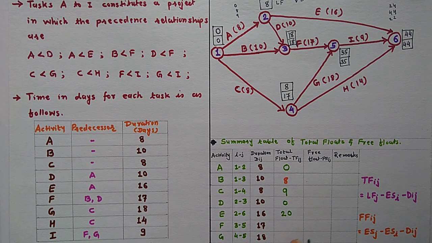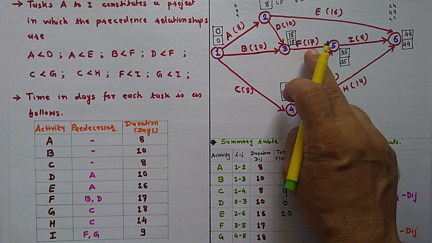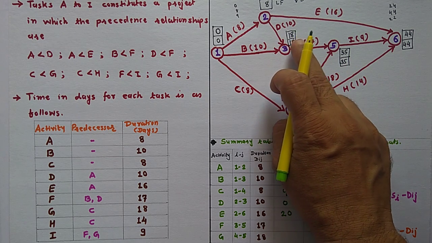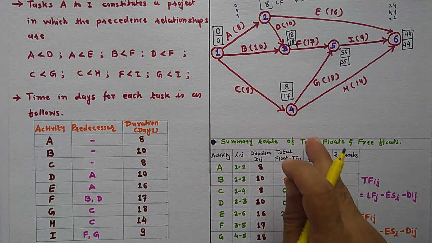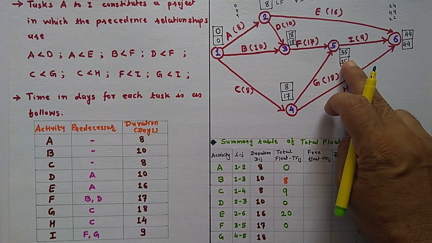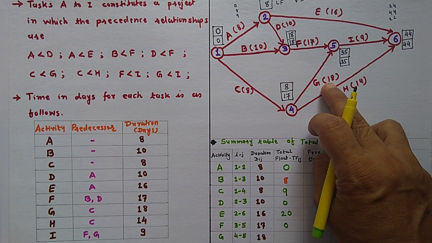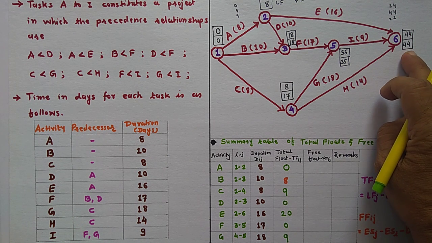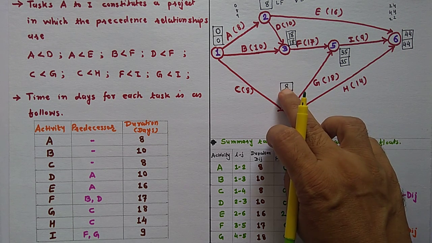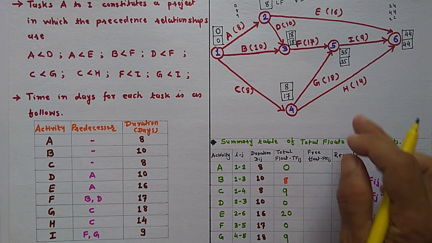Activity F, this is F. 35 minus 18 is equal to 17, minus duration 17, 0. So activity F is 0. Activity G, this: 35 minus 8, 27 minus 18 is equal to 9. Activity H: 44 minus 8, 36 minus 14 is equal to 22.